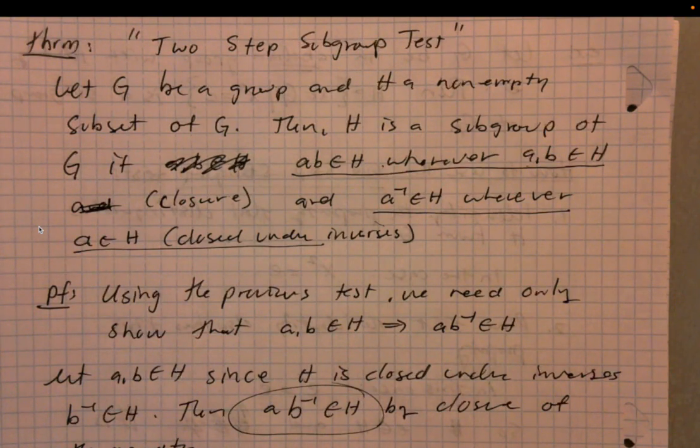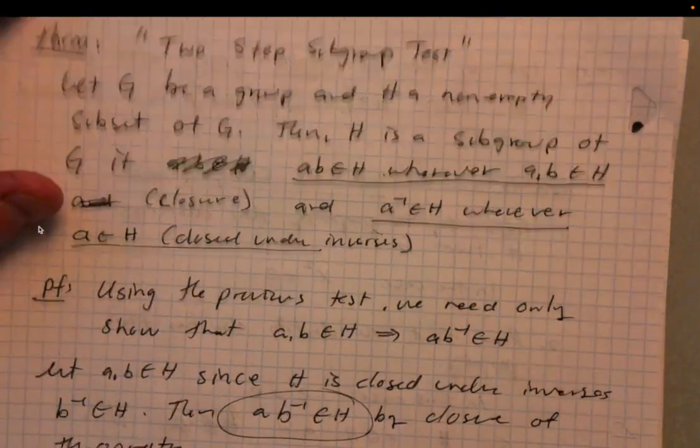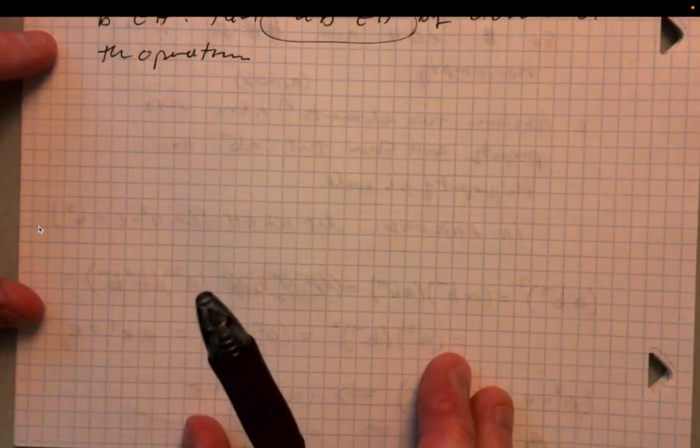But let's go ahead and talk about counterexamples. So sometimes we'll want to be able to show that a subset is not a subgroup.